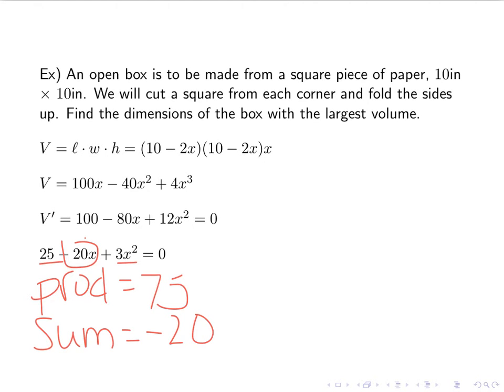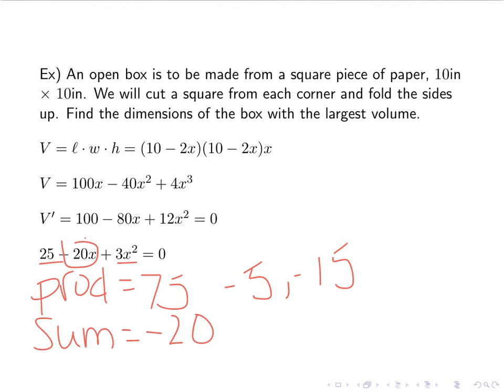So there aren't that many factors of 75, and hopefully we can see that it is negative 5 and negative 15. Okay, so negative 5 times negative 15 is 75, negative 5 plus negative 15 is negative 20.